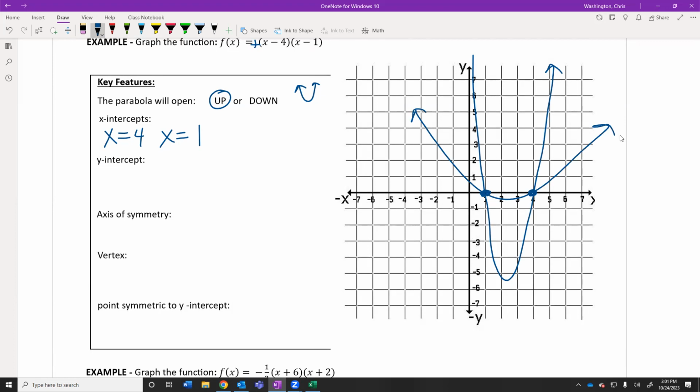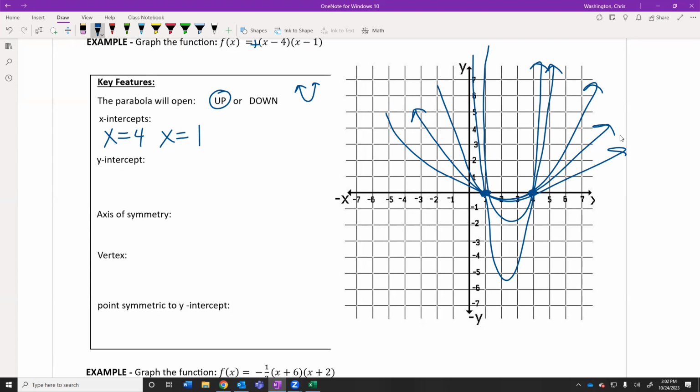And while those both open up and they both cross the x-axis at 4 and 1, these graphs are drastically different. Which one's right? There's actually infinitely many possibilities that we could sketch at this moment. Like, hey, I could go a little bit in between, or I could go a little bit further down, or I could go a little bit steeper. Like, there's infinitely many possibilities that we could draw at this point. Which one is it?